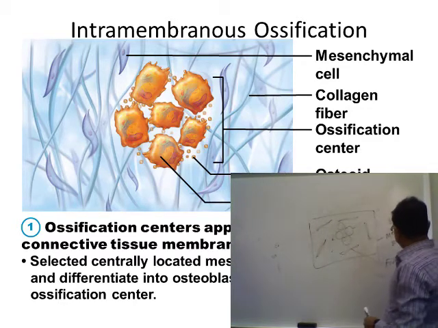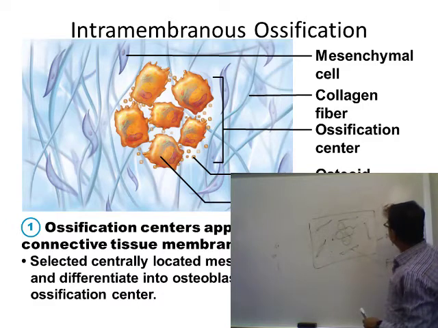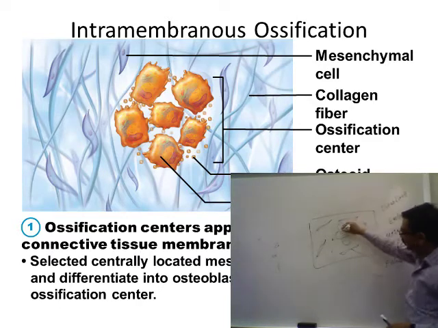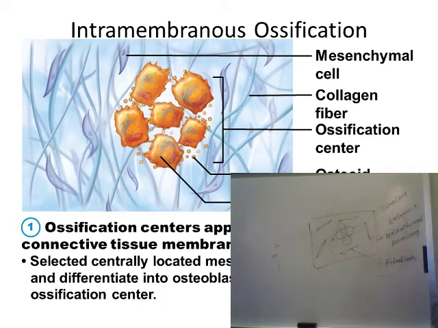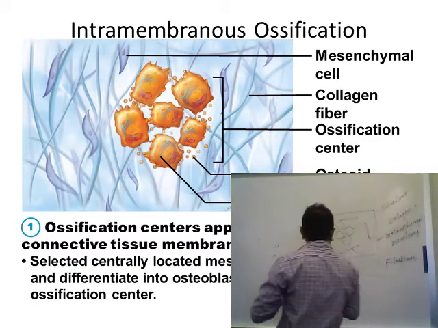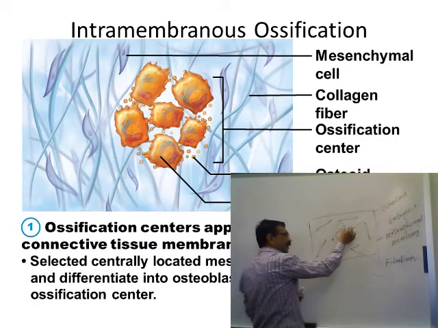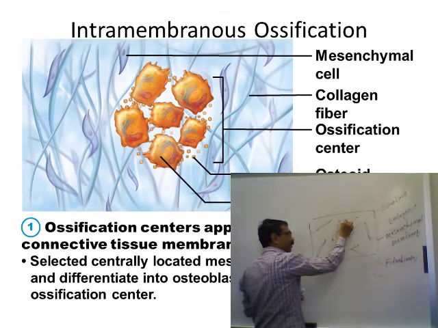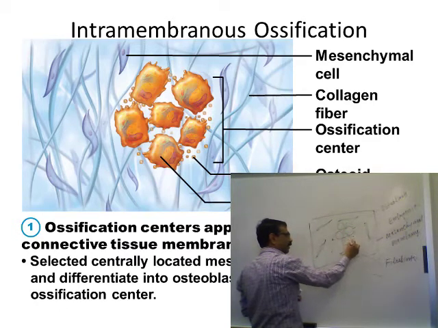So fibroblasts will become osteoblasts in the center of the mesenchymal membrane. Now next, what happens? We all know that fibroblasts are young cells and they produce matrix. So these fibroblasts will produce plenty of matrix that will be secreted. This matrix is soft now.